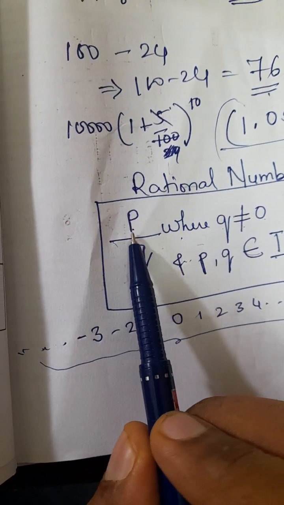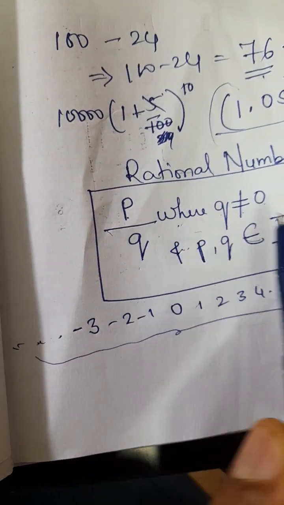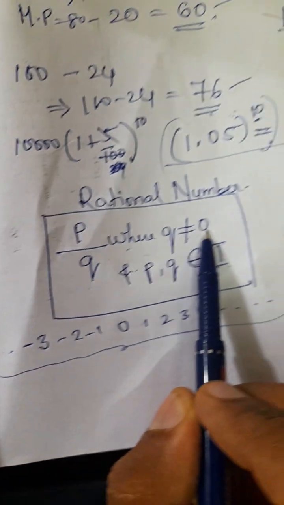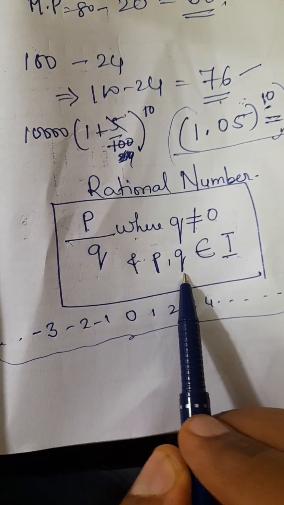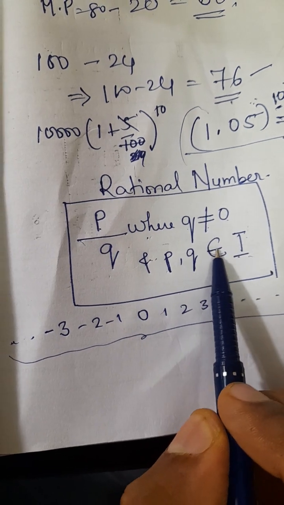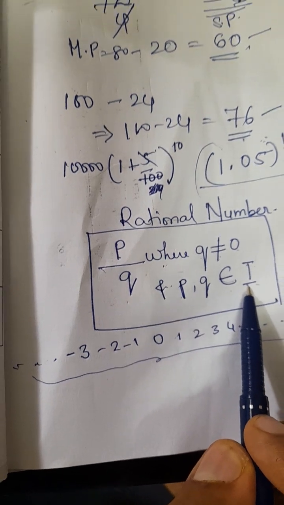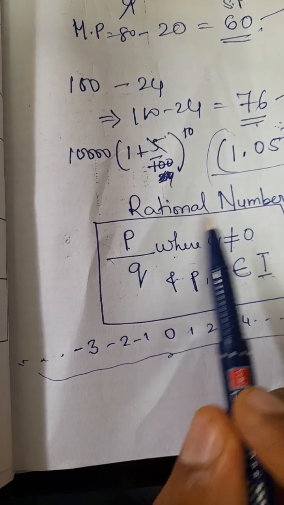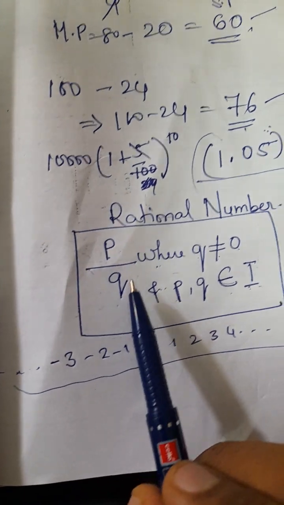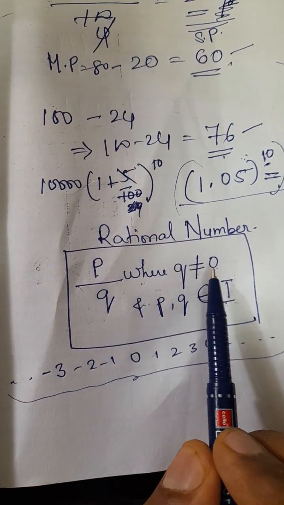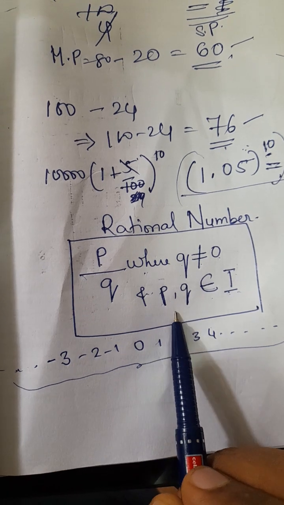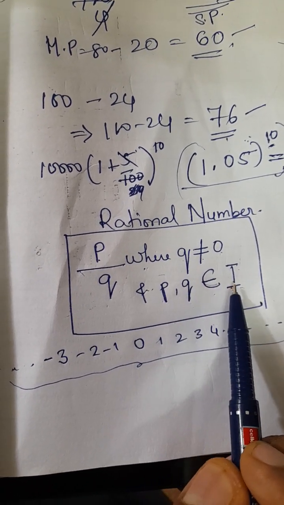A rational number is a number which can be expressed in the form p by q, where q is not equal to 0 and p and q belong to the set of integers. This symbol in mathematics denotes 'belongs to'. Let me repeat: rational numbers are numbers which can be expressed in the form p by q, where q is not equal to 0 and p and q belong to the set of integers.